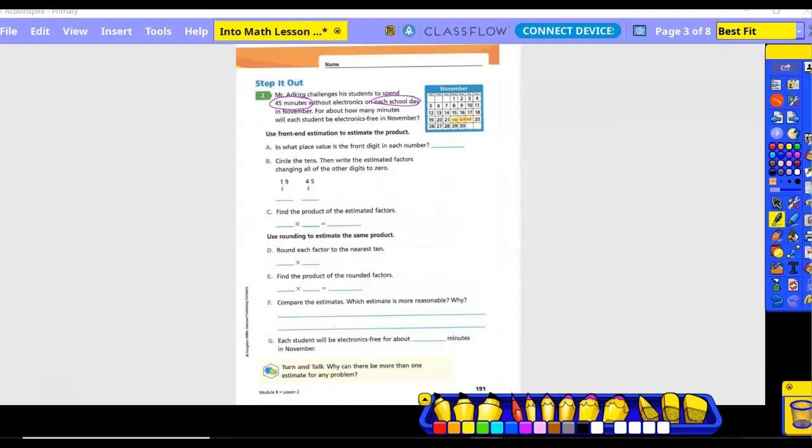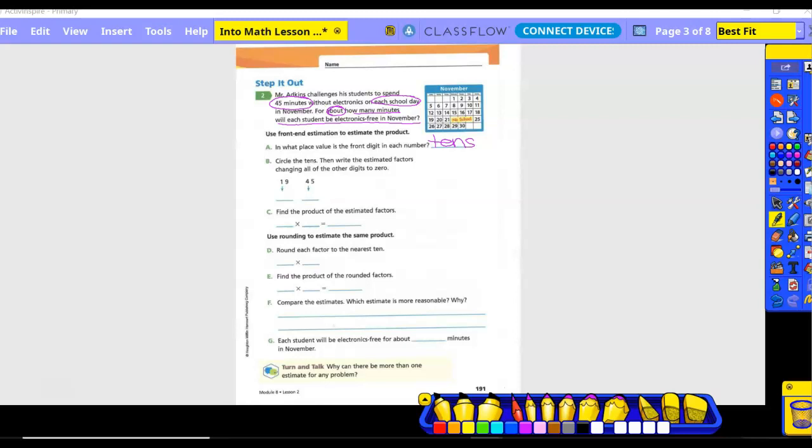Okay, so use front end estimation. Oh, we forgot to say what we're looking for. We're using about. About tells us it's an estimation, correct? In what place value is the front digit in each number? Is it in the 1s, the 10s, the 100s? We only have 2 place values, so the front digit is in the 10s, right?